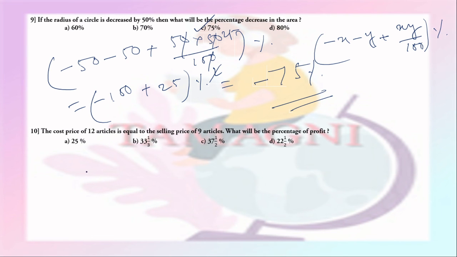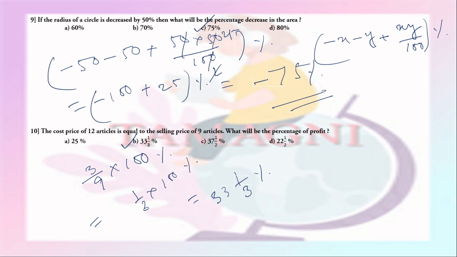So the profit will be 3 by 9 into 100%. This will give our percentage of profit. So 1 by 3 into 100%, which is equal to 33 and 1 by 3%. So option B is the right answer.